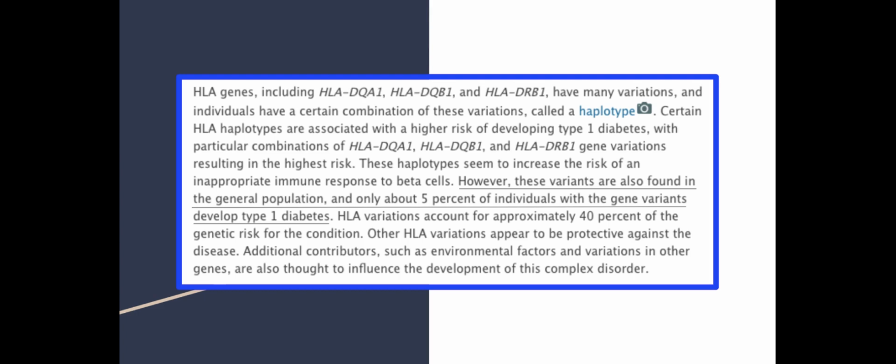Because that's really all we're interested in as diabetics, because our HLA gene variants targeted our beta cells. But get this, however, these variants are also found in the general population, and only about 5% of individuals with the gene variants develop type 1 diabetes.